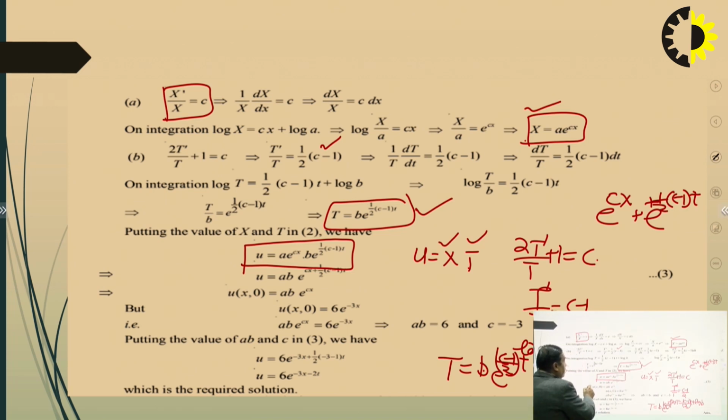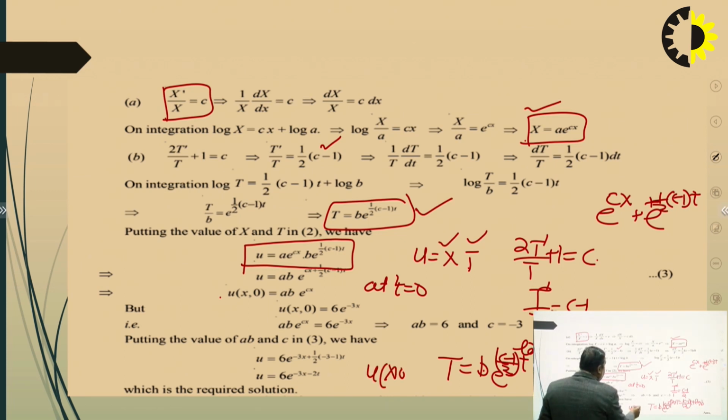Now we shall take the initial condition or boundary condition, that is u(x,0) at t equal to 0. Taking t equal to 0, the time term becomes 1, so u(x,0) equals ab e to the power cx.